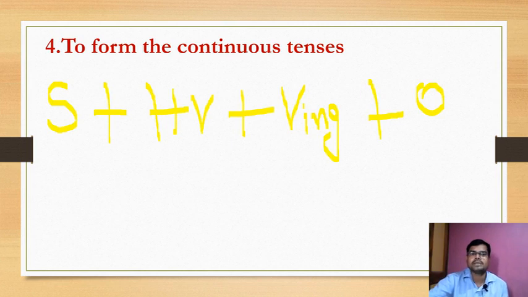Correct? Subject, helping verb plus verb ing, and object. Correct?